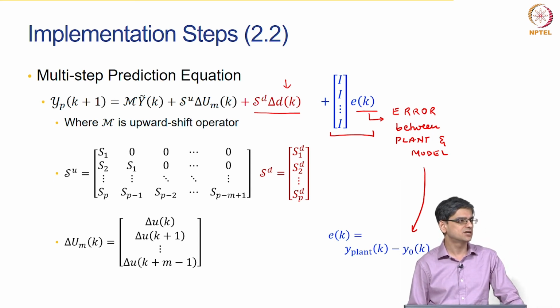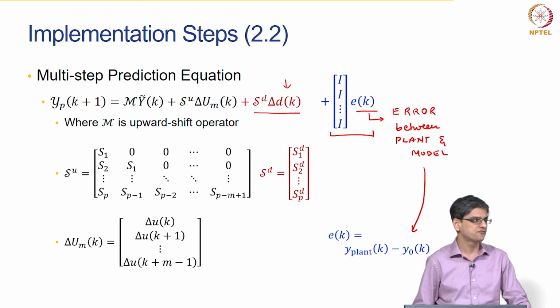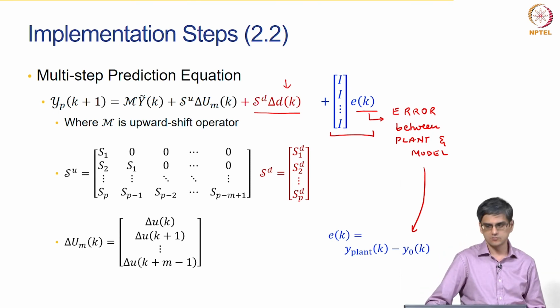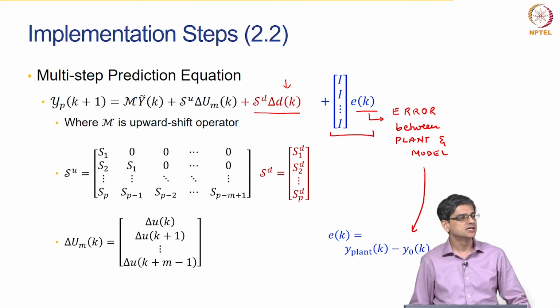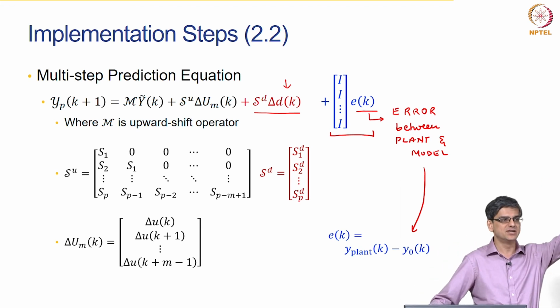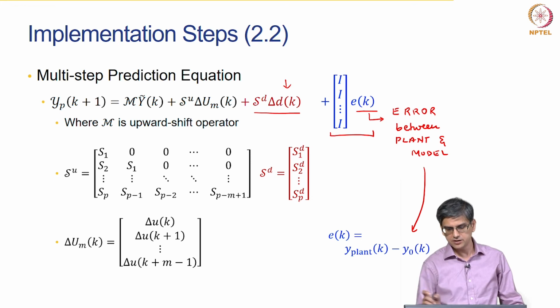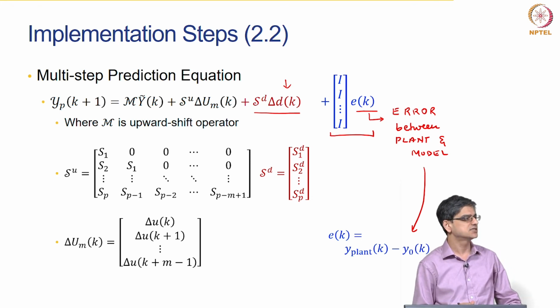Y plant is nothing but the y that is actually measured from the system, okay, and y0k is nothing but the first ny elements of your y tilde state, and you are basically adding the error as a bias.